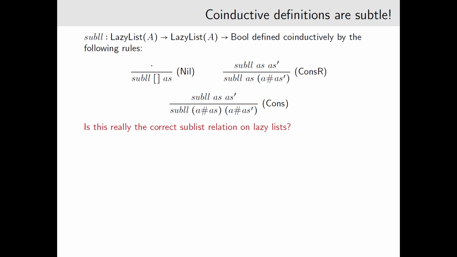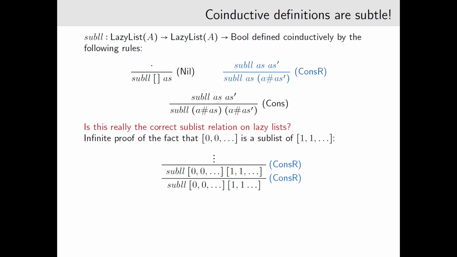An infinite list has the resources to keep throwing elements and keep falling into this pattern by applying this rule, so it stays infinite indefinitely. So the problem is that we can prove the things that we want, but just like in our discussion of consistency, we can prove a bit too much. Here's an example: the infinite list 0, 0, 0, 0 is, using this definition, a proof of 1, 1, 1, 1.